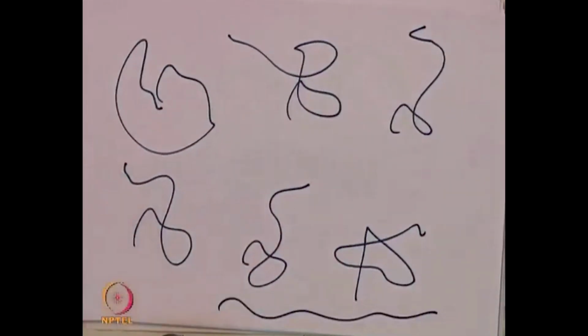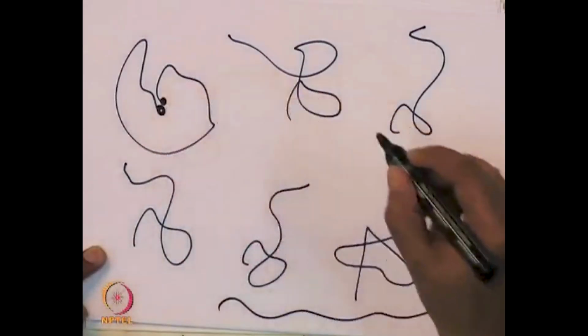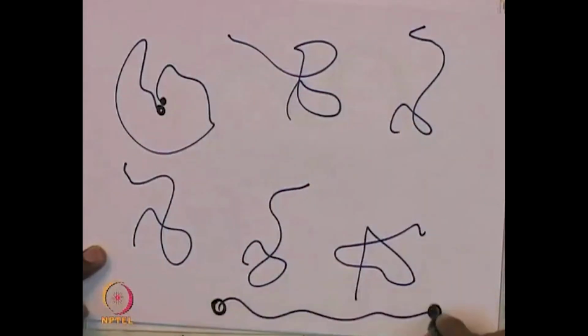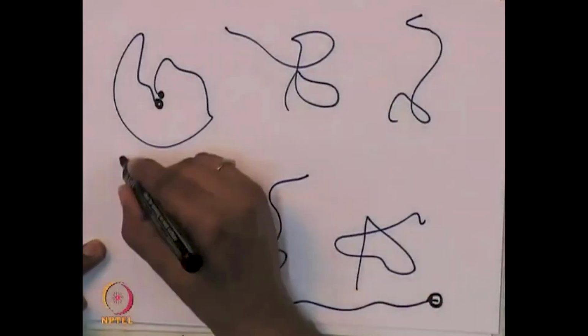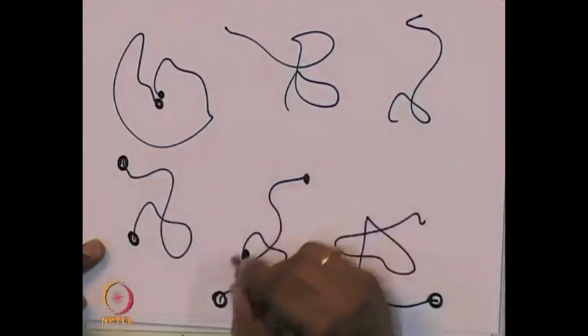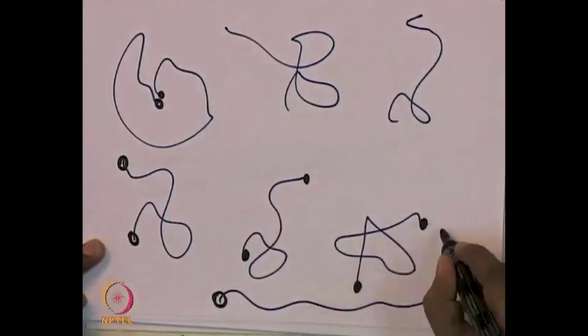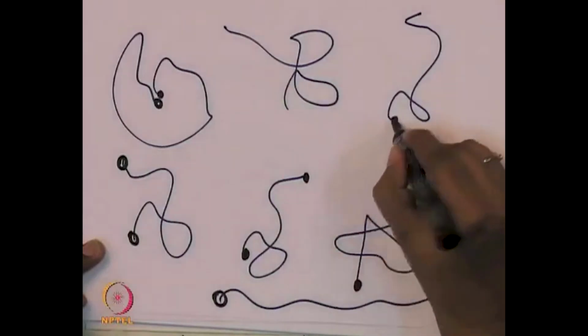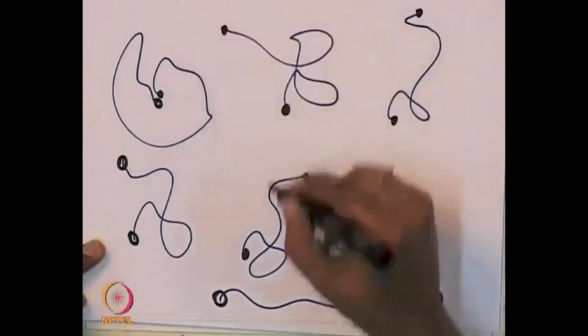Now here the distance between the two ends is very small, here the distance between the two ends is very large, here the distance between the two ends is somewhere in between. Here you have another distance, here the distance is something else.